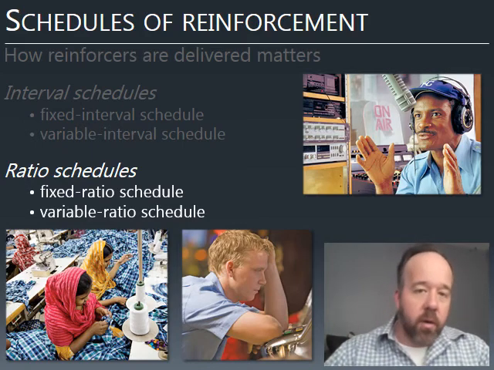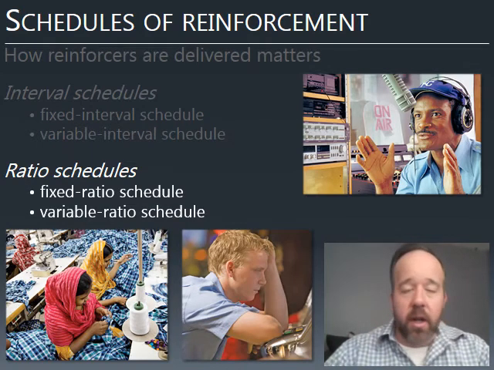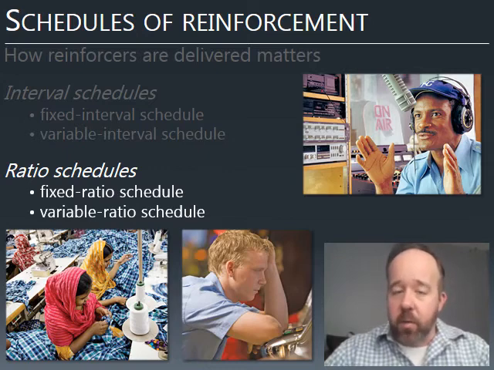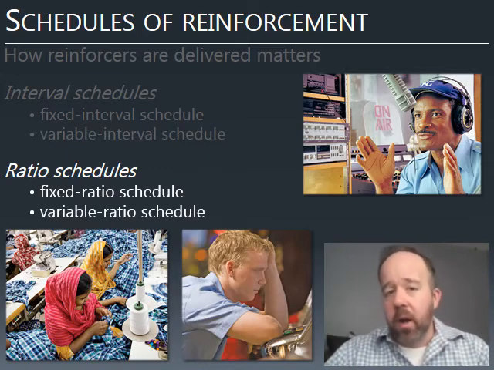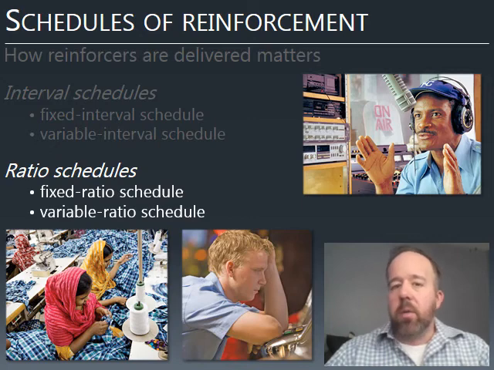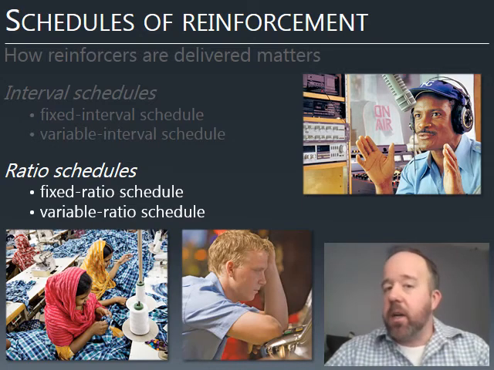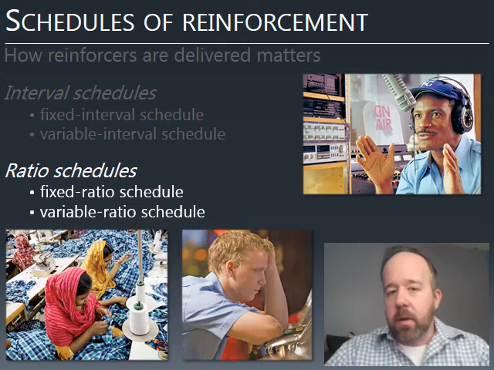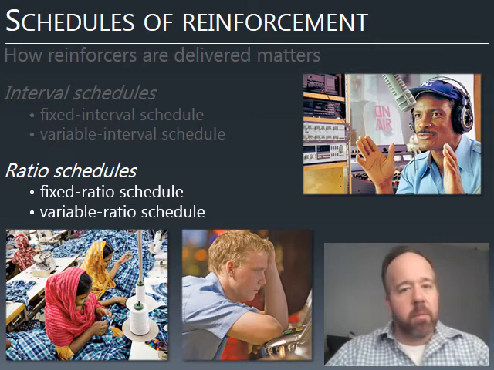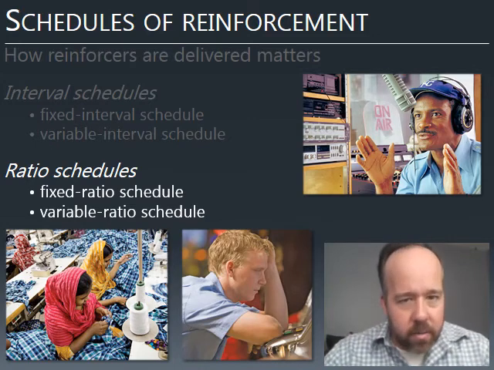All of these schedules of reinforcement can be extinguished, just like classical conditioning can be extinguished. But what Skinner found out was that while the conditioned stimulus and an unconditioned stimulus can be paired every time and then unpaired, and the animal will unlearn the association fairly quickly, when responses aren't rewarded every time, it may take a while to learn that association, but it also takes a lot longer to unlearn it.